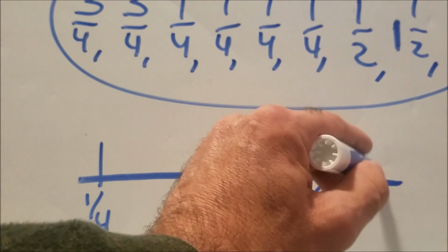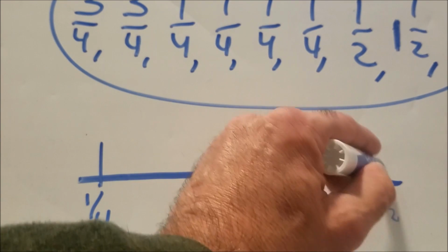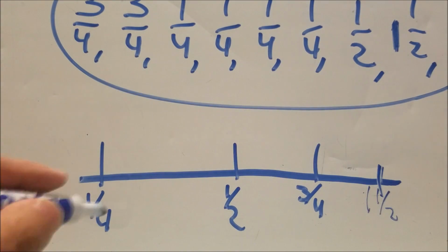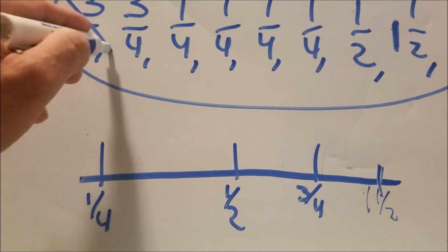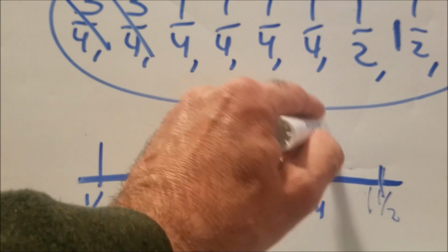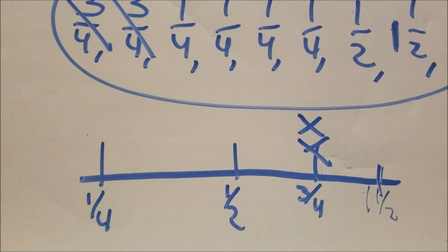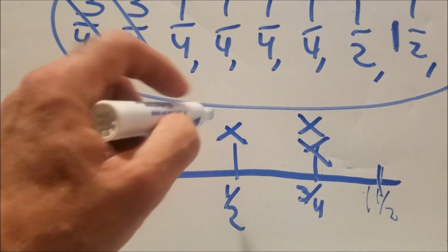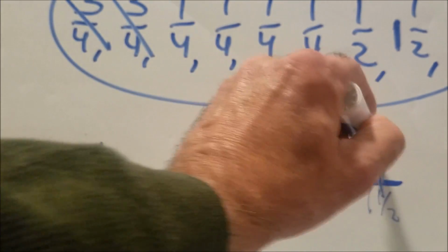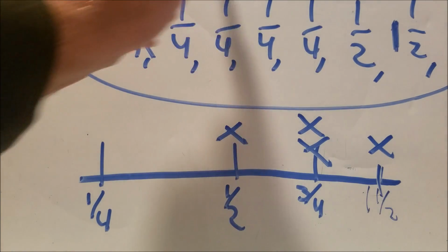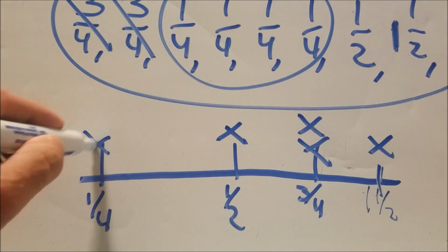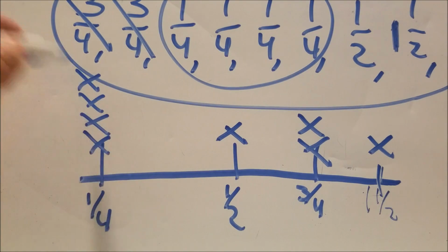It's 3/2. I'll just put 1 1/2 for now. So how many 3/4 do we have? 2. There's 2 right there. How many halves? 1. How many 1 1/2? 1. How many quarters? 4, right? Right, so there's our line plot.